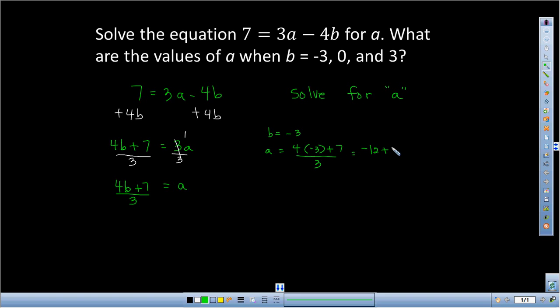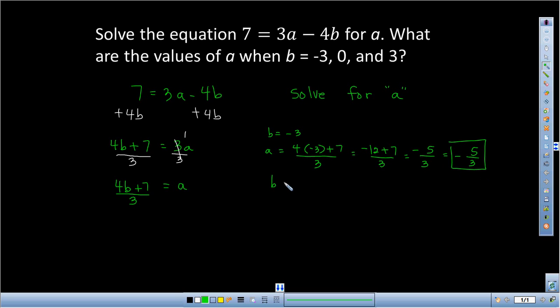We would then take negative 12 added to 7 and divide by 3. A negative 12 added to 7 is a negative 5. So that's negative 5 divided by 3. And another way of writing that is negative 5/3. So when b equals negative 3, a is negative 5/3.